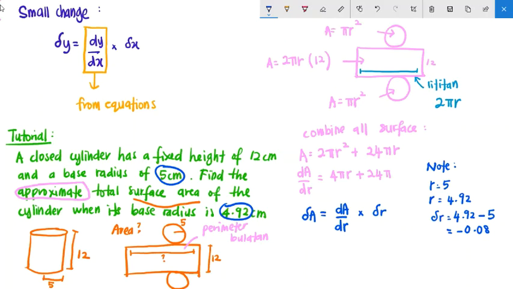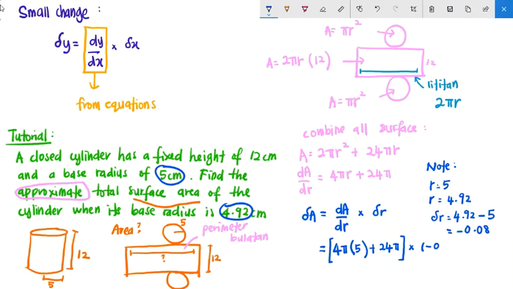Okay. So approximate total surface area is equal to, okay, dA over dr we have 4 pi r. Okay, substitute r is equal to 5, the initial radius tu, r is 5, plus 24 pi. Okay.